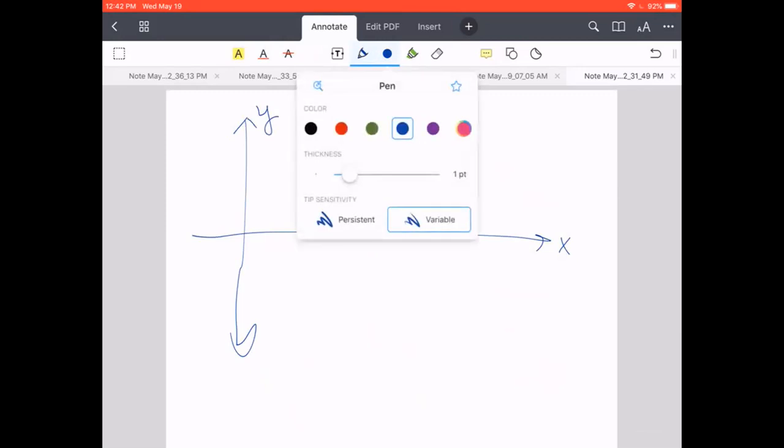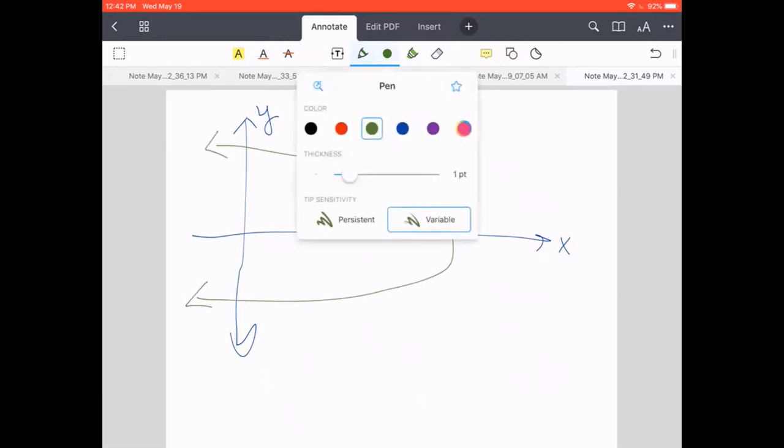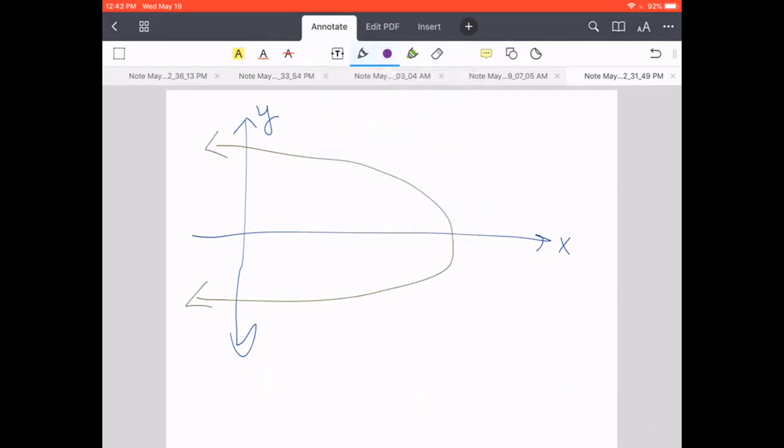Let me do a function in green. Let me do a function in purple. And I'm going to call this g of y in purple and f of y in green.